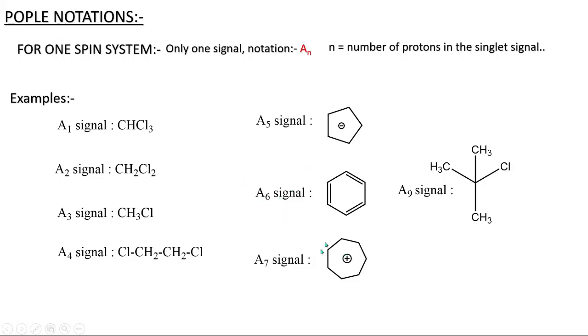Now for the tropylium cation, we have 7 hydrogens attached to carbon atoms, so these 7 hydrogens will give a singlet and we will have Pople notation A7. Now if you see this molecule, we have 9 hydrogens, and these 9 hydrogens will give one singlet signal, that's why the Pople notation will be A9.